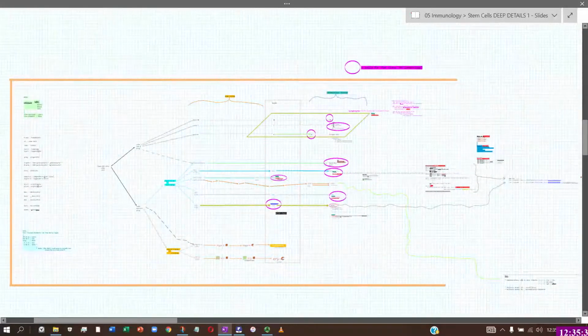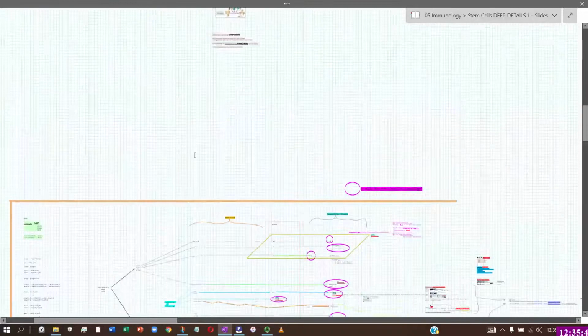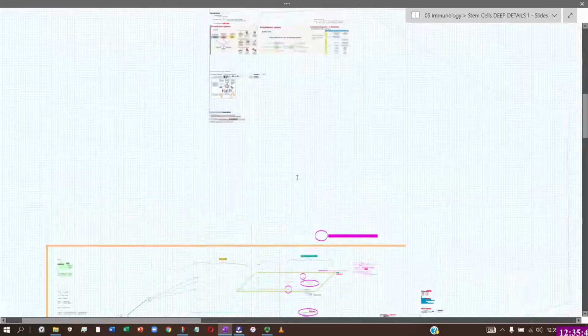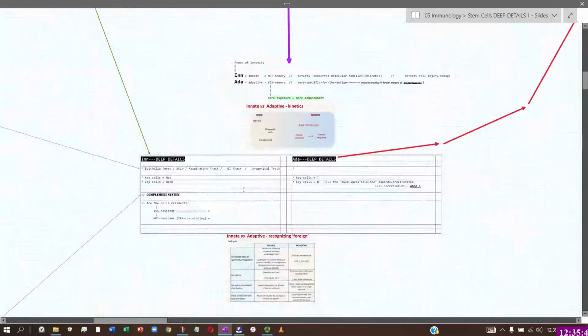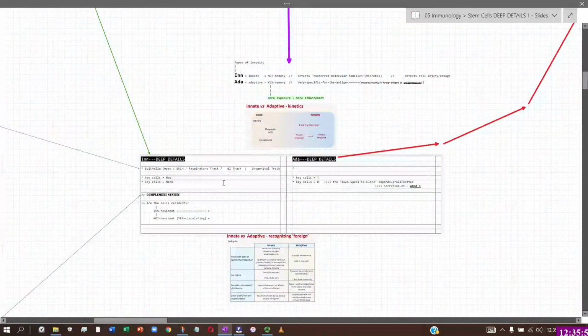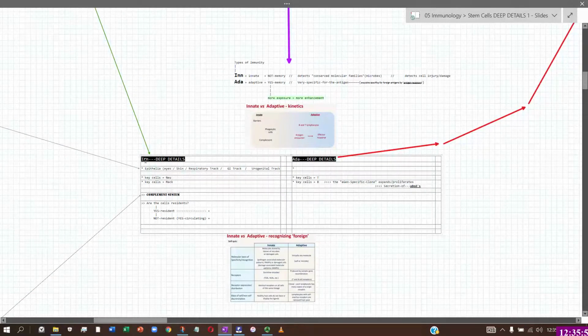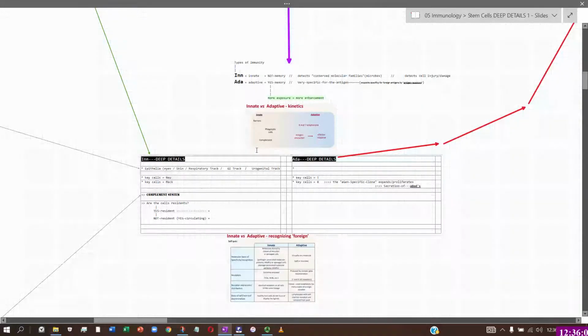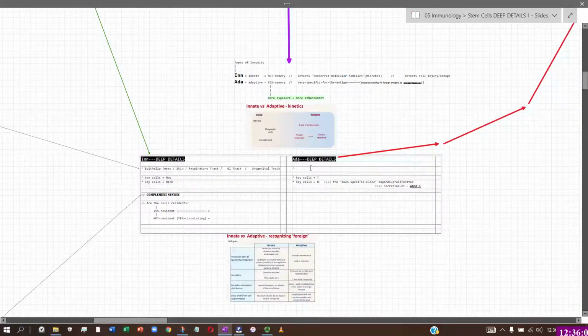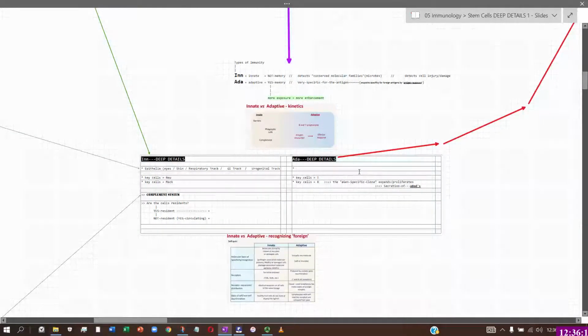I do still like that I can see the differentiation flow chart, but the most logical way to organize this information ended up being the following: a comparison between innate immunity versus ADA, which is shorthand notation for adaptive immunity.